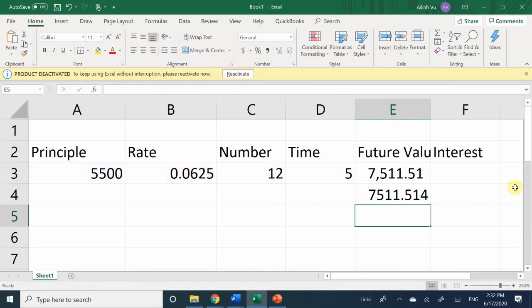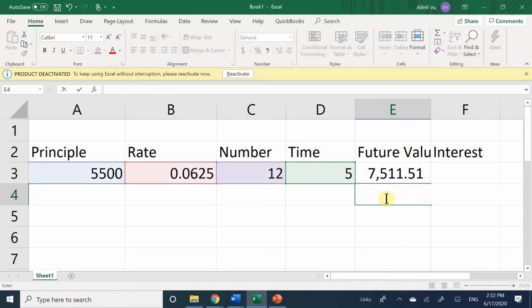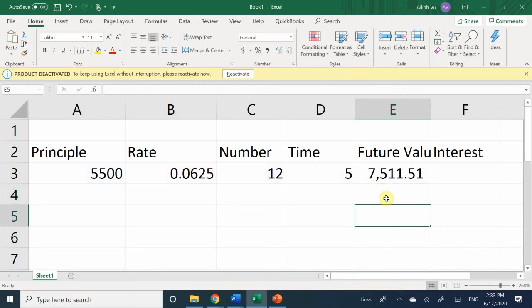Okay? So that's the quick and easy way to do it if you are solving for this actual equation. Okay? So again, we're gonna practice that more down below.